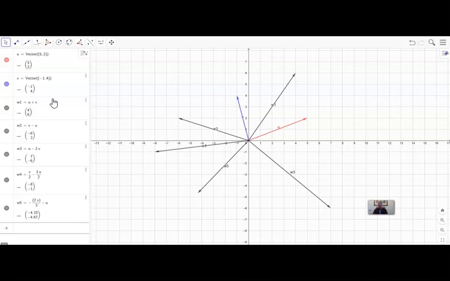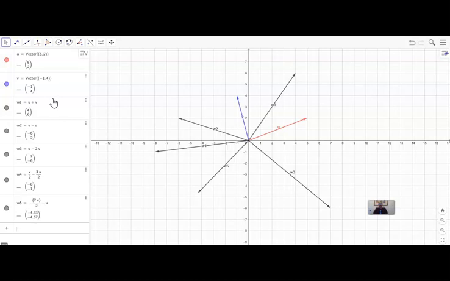So they seem to be pointing in all sorts of directions. So where are we going with this? We want each and every linear combination of the two vectors u and v. We're only looking at 7 of them. Okay, so what if we started filling up the screen with more and more of these vectors?